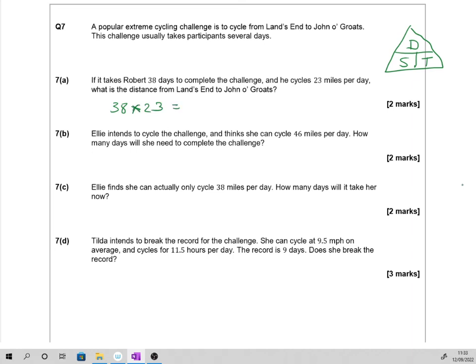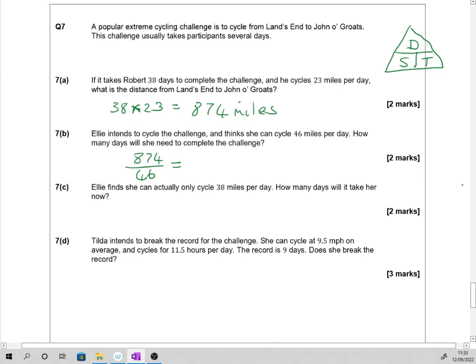So 38 times 23 is 874 miles. Now, Ellie intends to cycle the challenge and thinks she can cycle 46 miles a day. How many days will it take to complete the challenge? So we've got 874 divided by 46, which is 19 days.